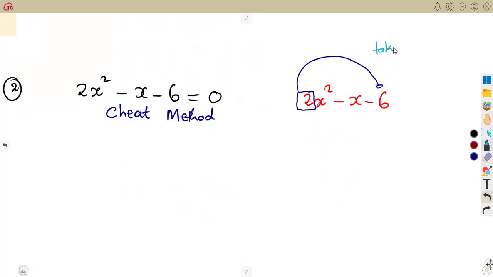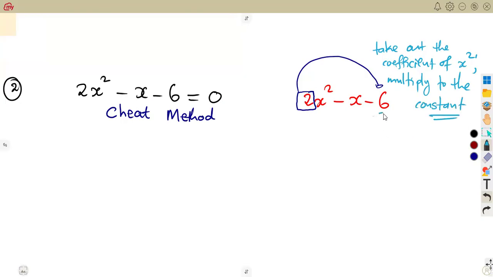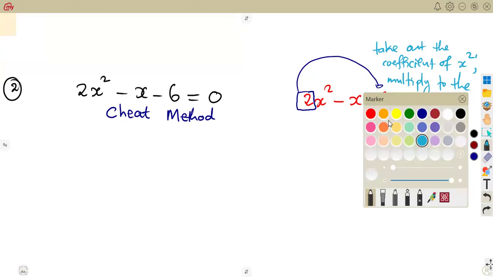Take out the coefficient of x squared, multiply it to the last term, which is the constant. Remember, our constant is the last term. So that is how we are going to remove it.